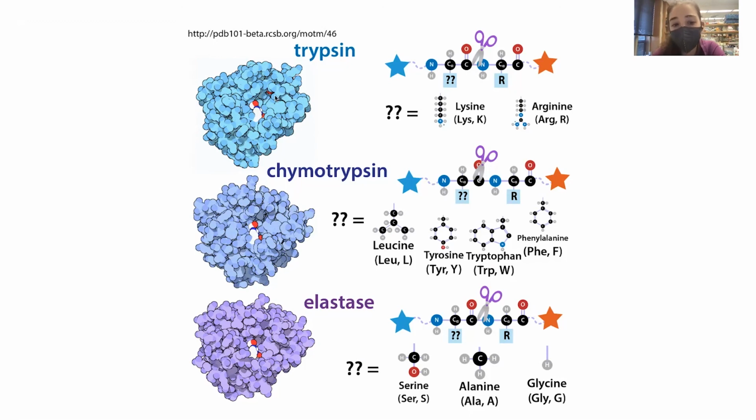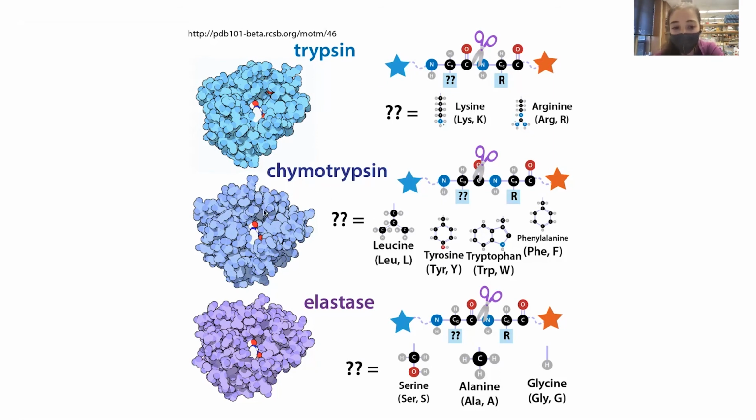And so trypsin has this red dot here. It has this aspartate in its binding pocket, and so it has this negatively charged residue. So it's going to bind to and cut next to positively charged amino acids in peptides.